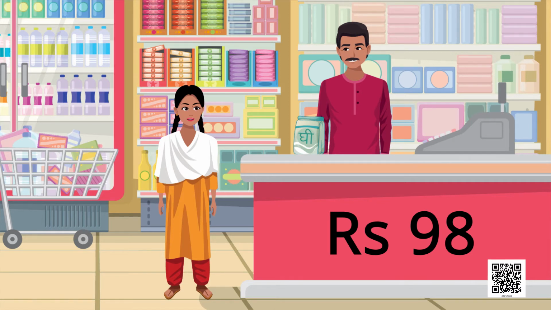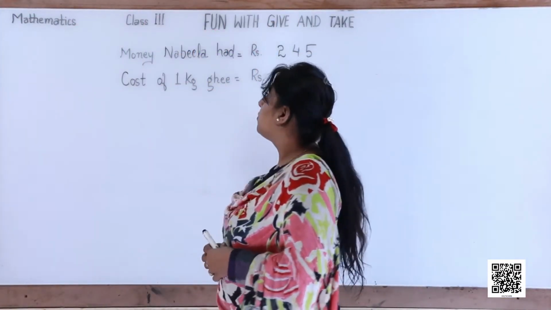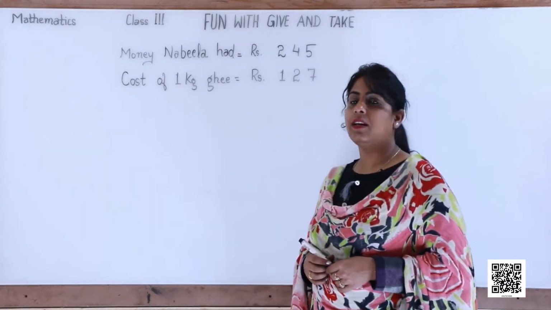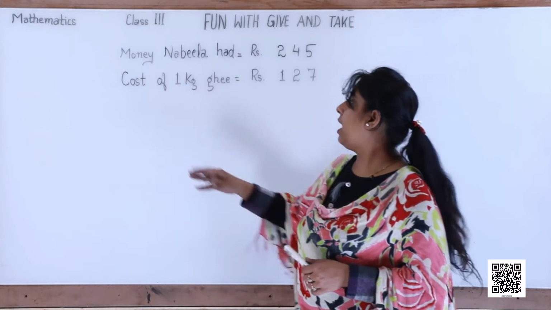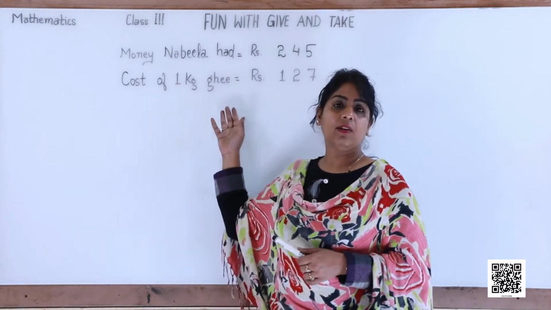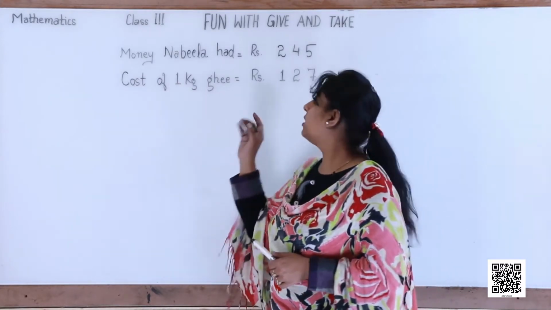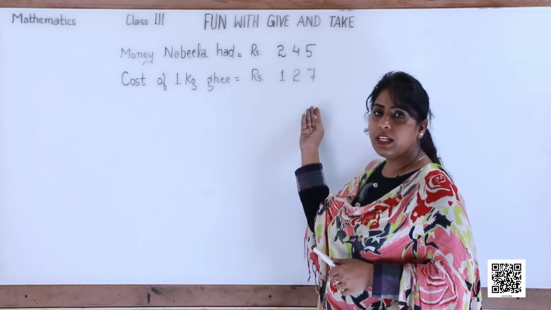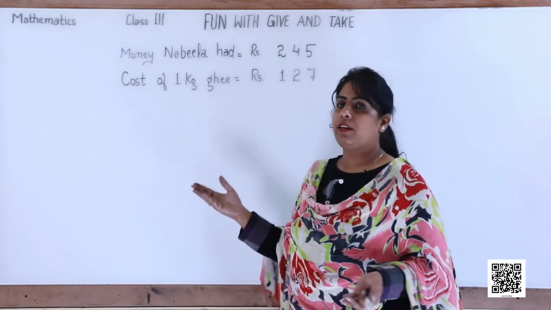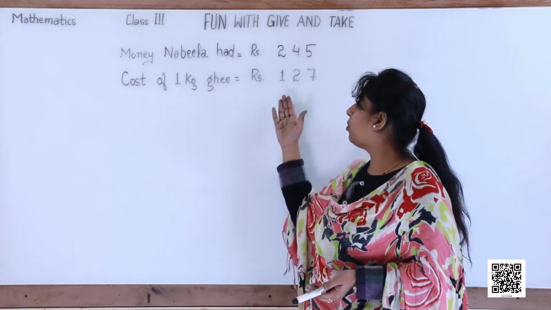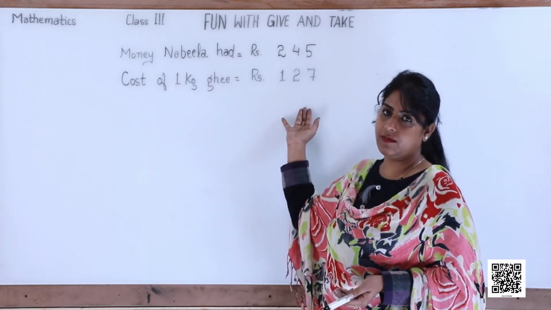Let us check. So, how much money was given to Nabela? Yes, she was given rupees 245 by her mother. And what was the cost of 1 kilogram ghee? She bought 1 kilogram ghee for rupees 127.